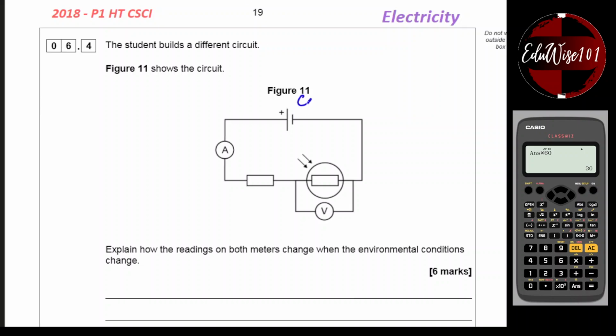So a cell, ammeter, a voltmeter, this is a LDR, light dependent resistor. This is a fixed resistor.